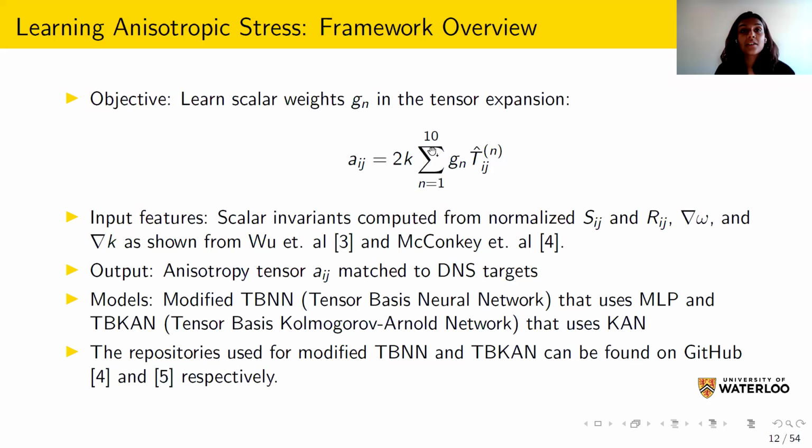Yes. For the input features, you assume that you know this at every iteration, everywhere in the domain, right? And you have to iterate between the two, right? Because Aij determines Sij.